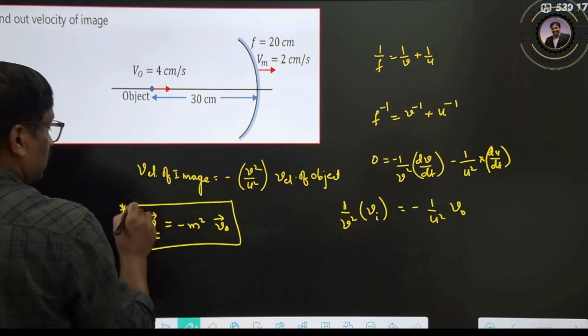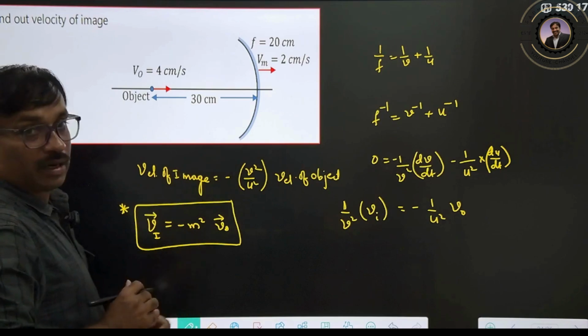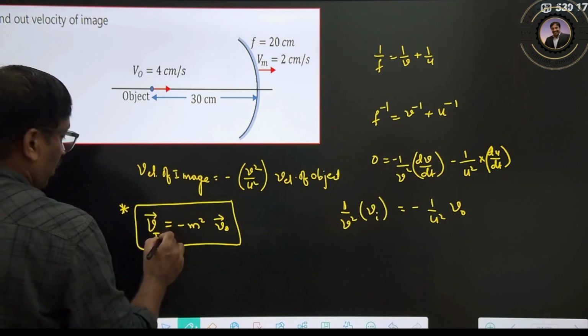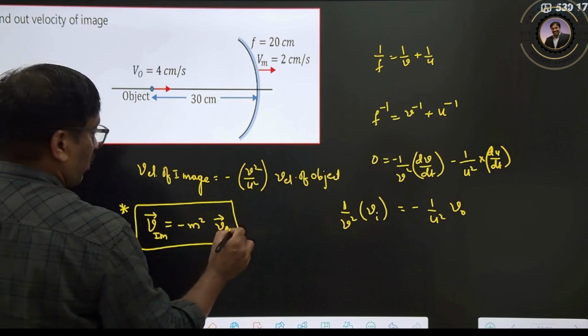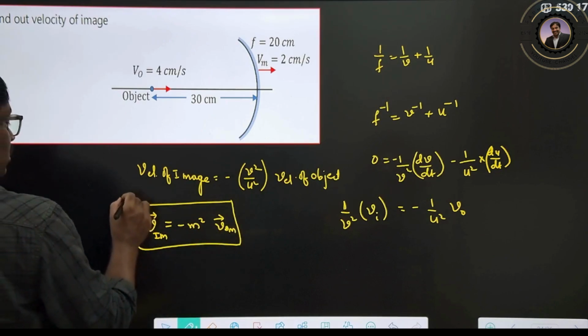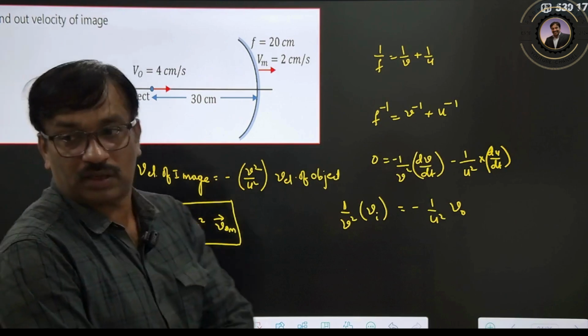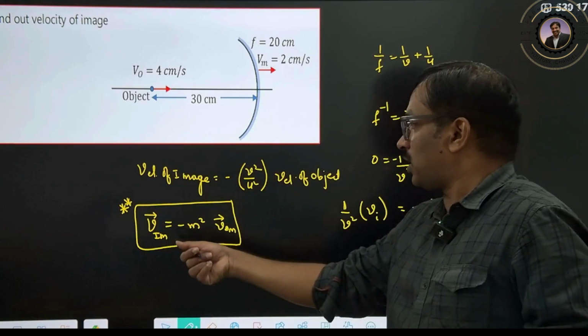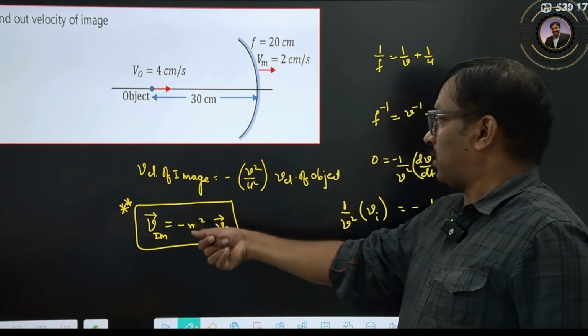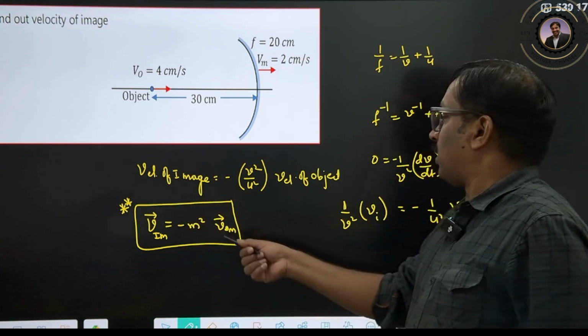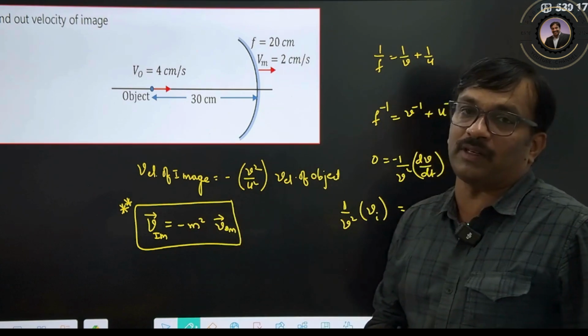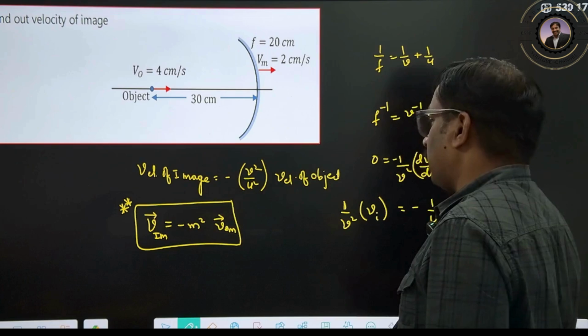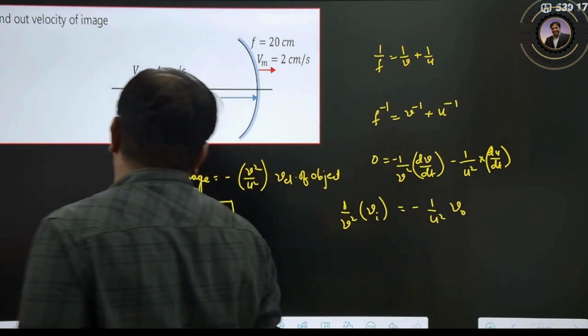These velocities are written with respect to the mirror. That means velocity of the image with respect to the mirror, velocity of the object with respect to the mirror. This is your velocity formula. Clear? Right? Velocity of the image with respect to the mirror is minus magnification square into velocity of the object with respect to the mirror. That is nothing but relative velocity.